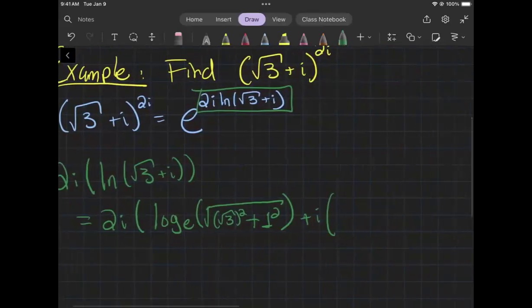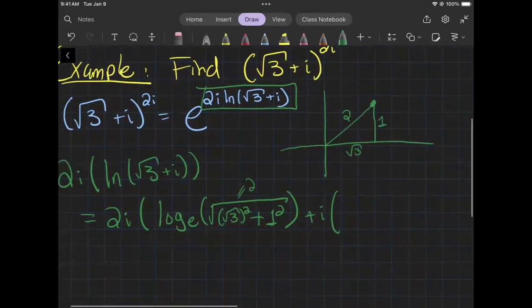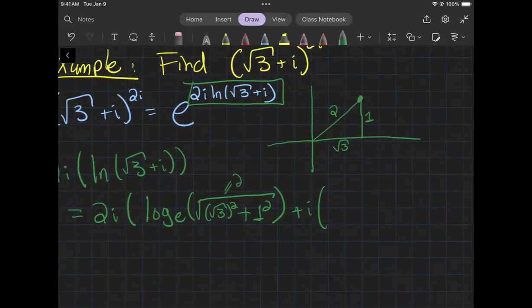In this case, root 3 plus 1i, the radius is 2, and the argument is pi over 6 plus 2n pi, where n is some integer.